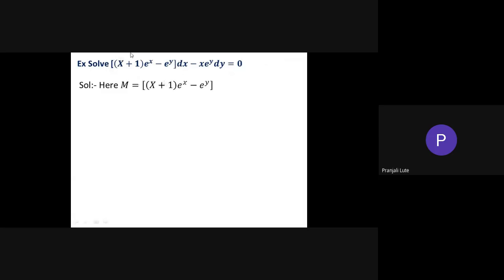This is your M. And M dx plus N dy, so what is N? N is equal to minus x e to the power y. In an exact differential equation, first you have to identify M and then identify N.